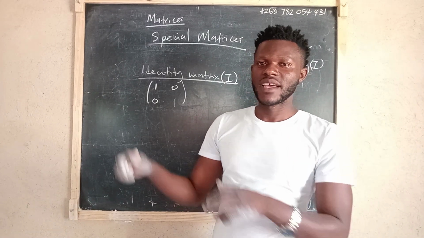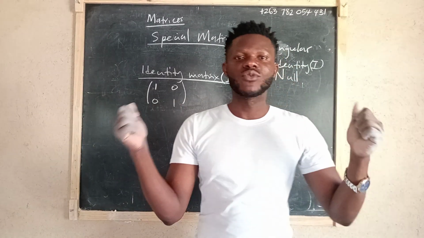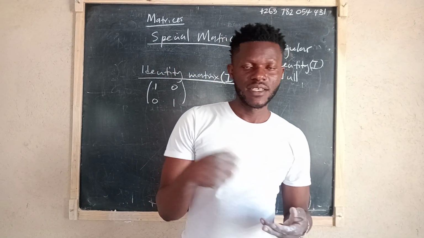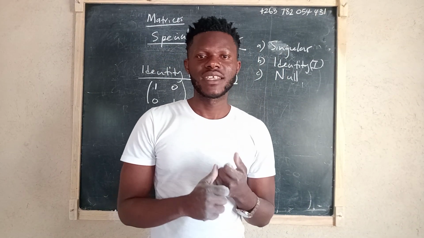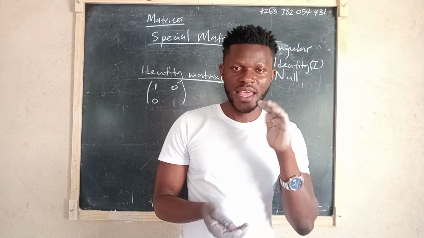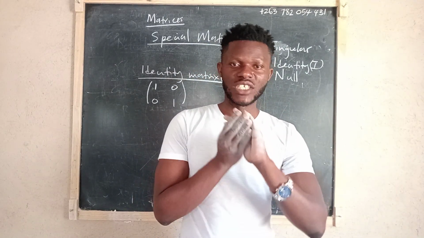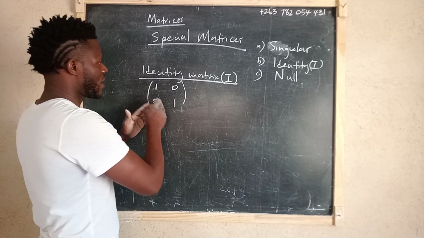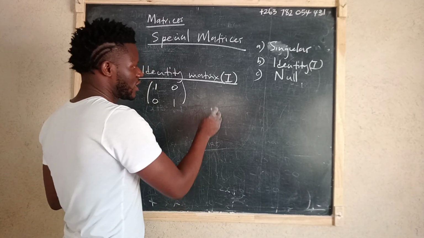If you multiply by an identity matrix, you are just as good as someone who is multiplying numbers by 1. Like 1 times 8 is 8, 1 times 10 is 10, 1 times 30 is 30. If you multiply a number by 1, the number will not change. So the same applies here. If you multiply a matrix by identity, there will be no change.